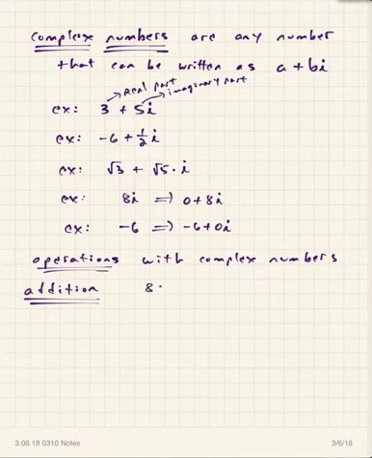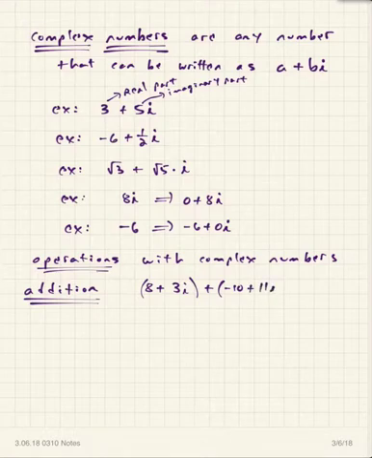So as a simple example, if you have 8 plus 3i plus negative 10 plus 11i. Right, that would be a typical example of an addition problem with complex numbers. It's super simple to do.